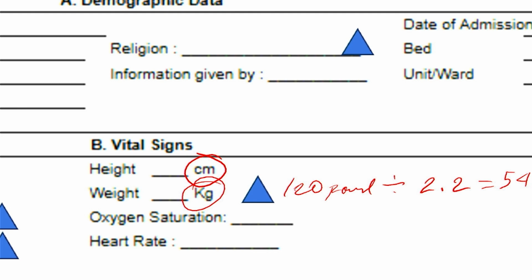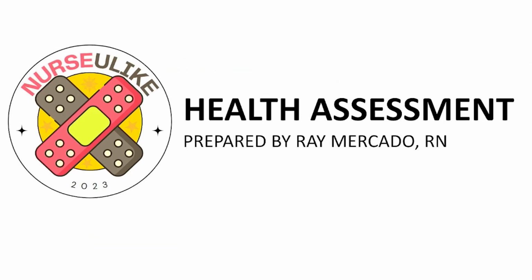If you're going to round it up, that's going to be 55 kilograms. So you put there 55 kilograms. Oxygen saturation, we're going to give here 95%. And for the heart rate, an example is 110 beats per minute. There you go. That's it for part 1.